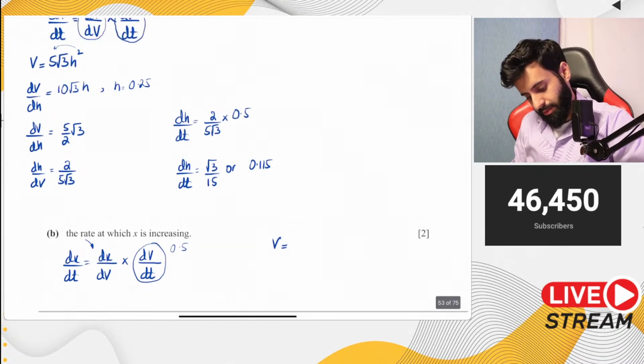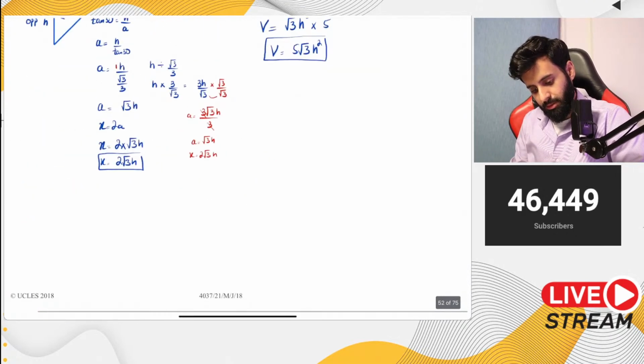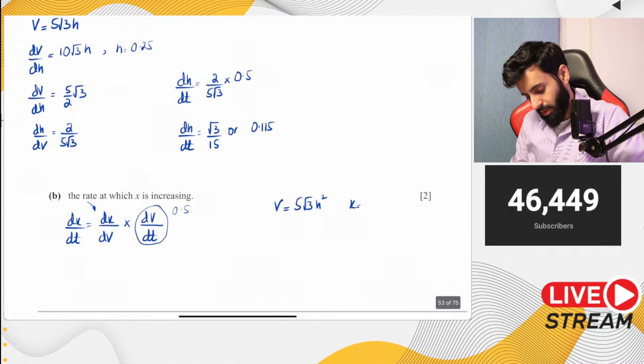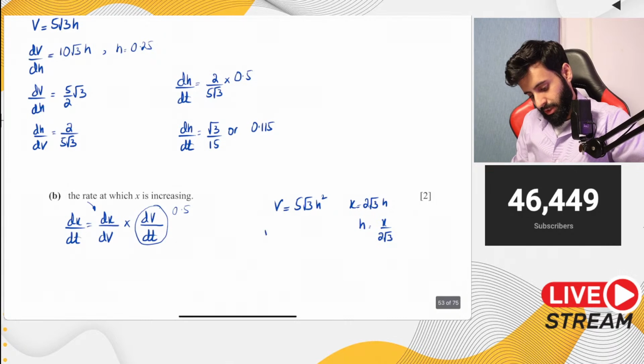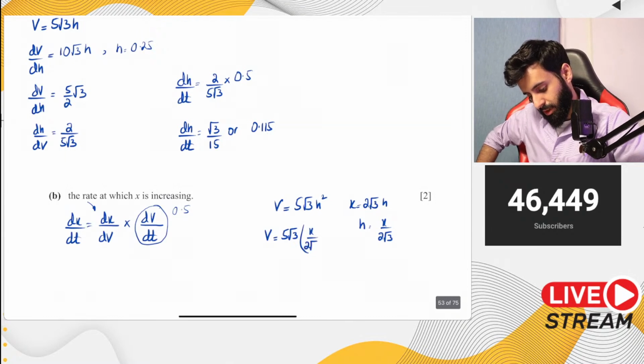5 under root 3 h squared, and also remember that x is equal to what? x is equal to 2 under root 3 h. So if we make h the subject, h can be equal to x upon 2 under root 3. Okay, so now the volume is equal to 5 under root 3 into x upon 2 under root 3 whole squared.